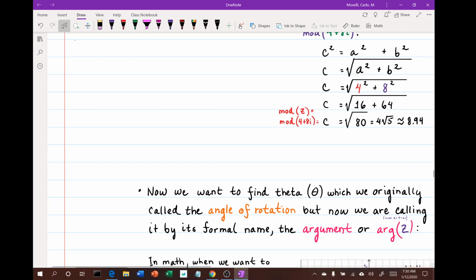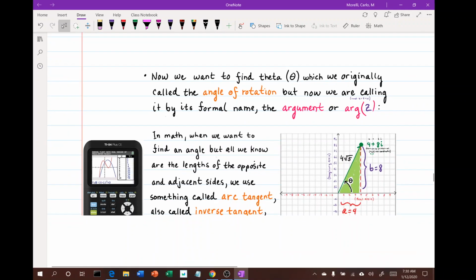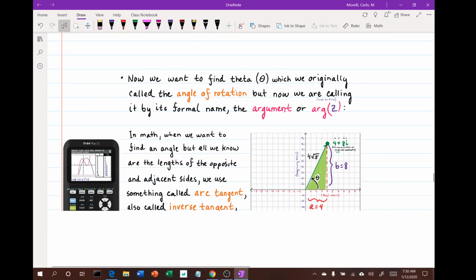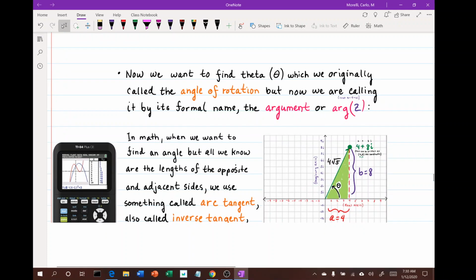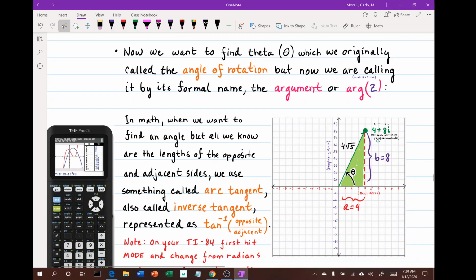So we found the modulus. We found the magnitude of that green line. We found the hypotenuse of that right triangle. So let's bring everything into focus here. Now we want to find the angle of rotation.